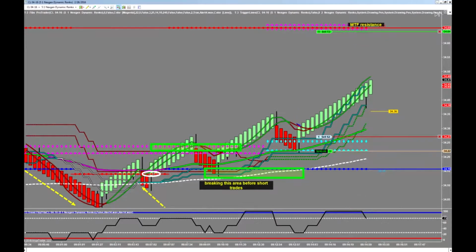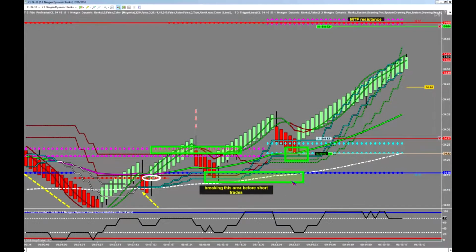So does everybody understand this entry right here? I think when you go back and look at it, obviously this one is a little more aggressive short, and I think you can say that this one is a much more conservative entry.